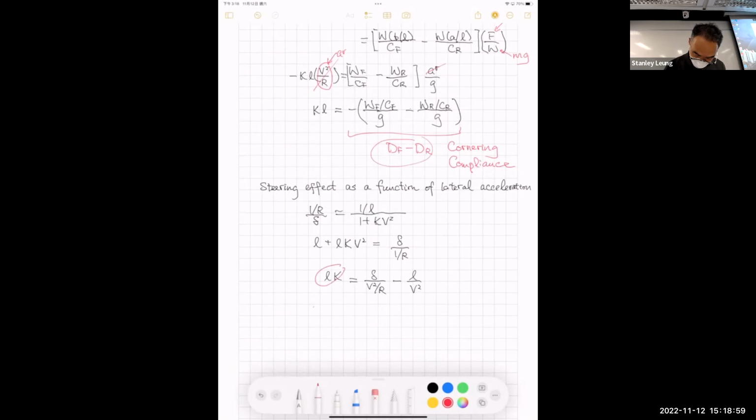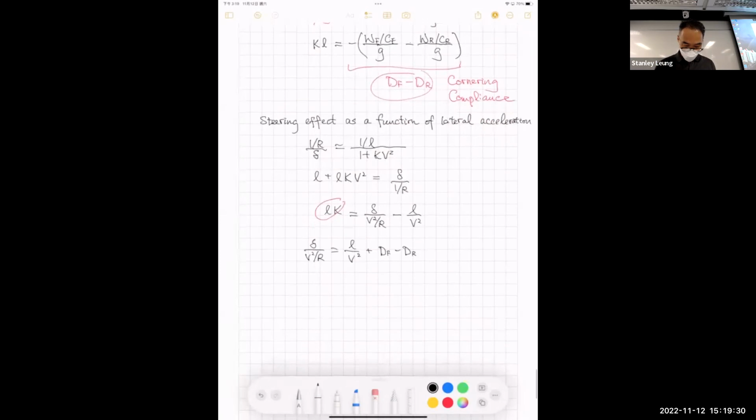Then we have del over V square over R, L over V square plus EF minus ER.